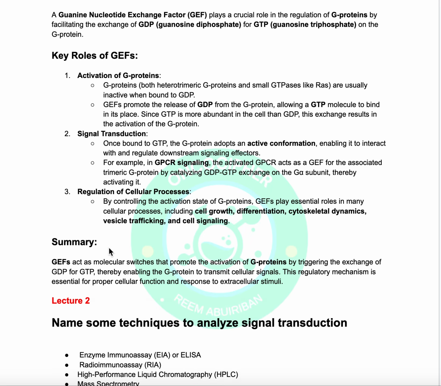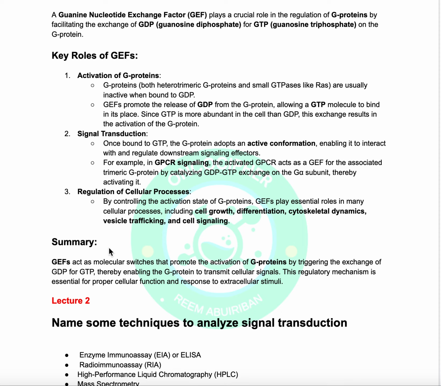Signal transduction. Once bound to the GTP, the G protein adopts an active conformation, enabling it to interact with and regulate downstream signaling effectors.